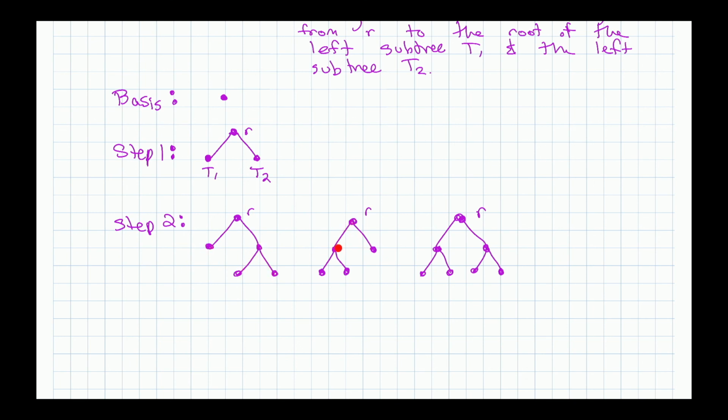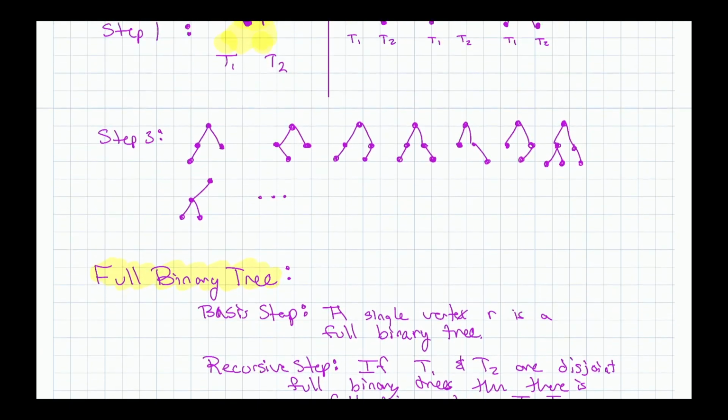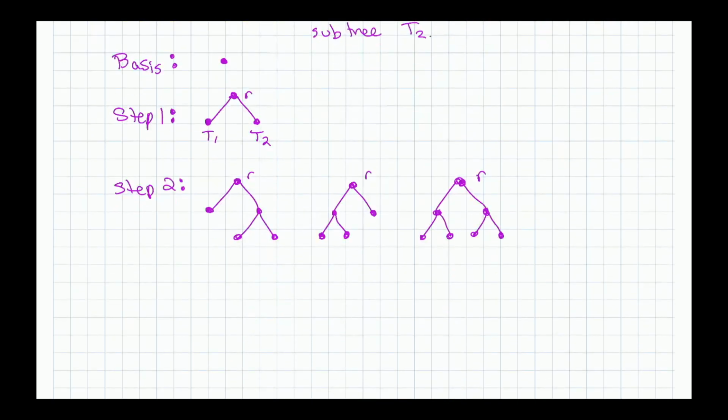Two, nothing, two, nothing. Whereas up here on the extended binary trees, you could have one going down from a vertex, and that's not allowed on the full binary trees. And that's the difference.